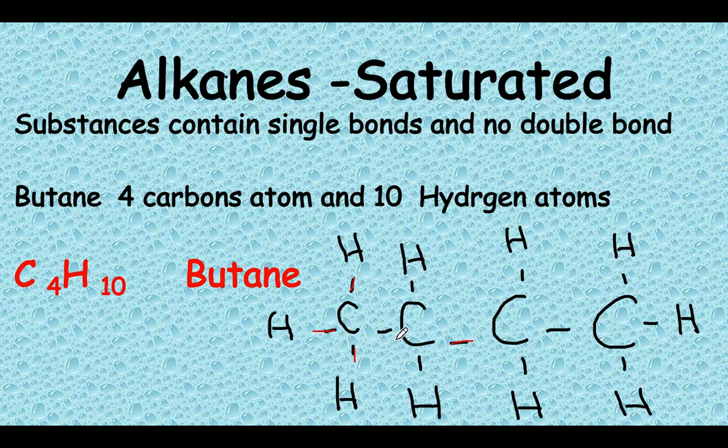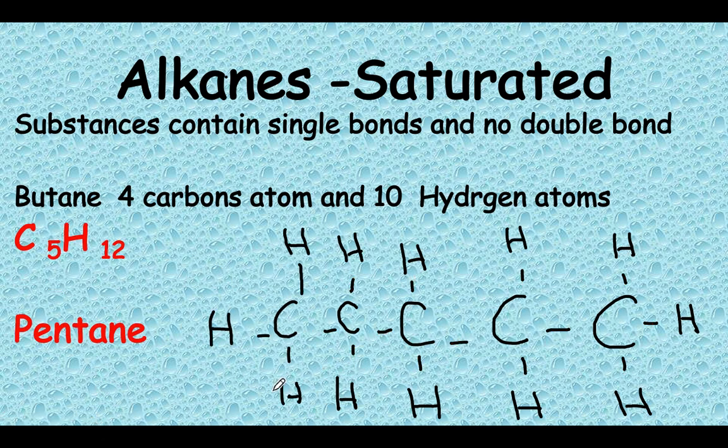The second and third carbons each have 2 in common, and the last carbon atom has 1 in common. If we want to get the molecular formula, we count 4 carbon atoms, and how many hydrogens? They are 10.